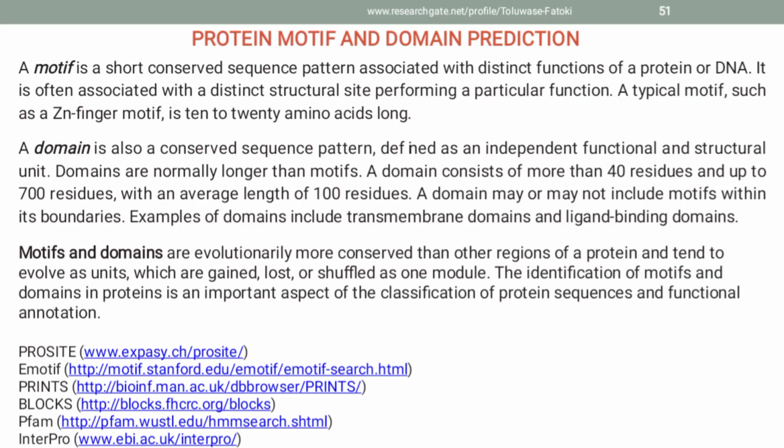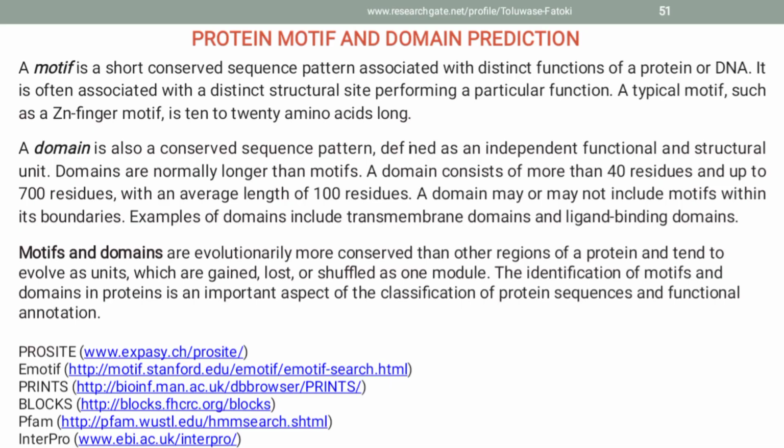So whatever the pattern in a particular DNA or protein that has a distinct function, they refer to it as a motif. Those palindromes in DNA are the areas that restriction enzymes target. Each of the restriction enzymes has a specific palindrome as its cleavage site.